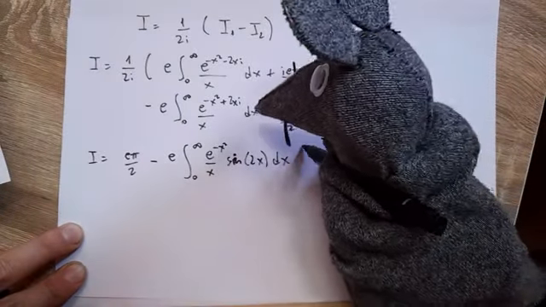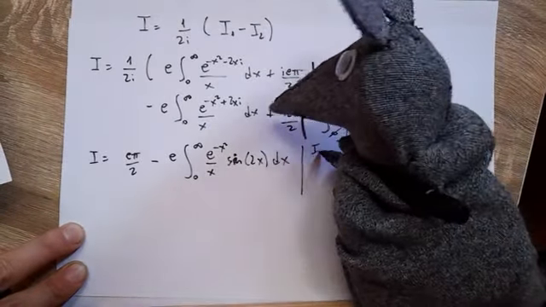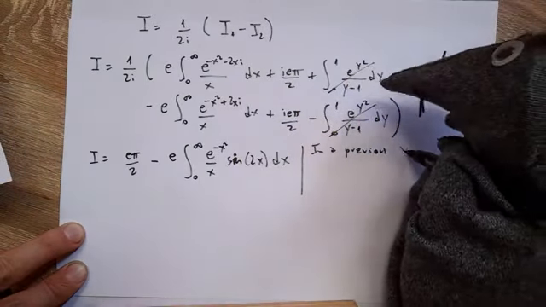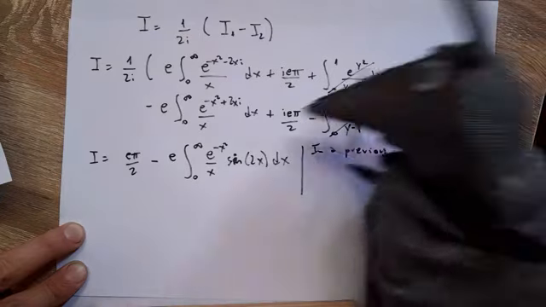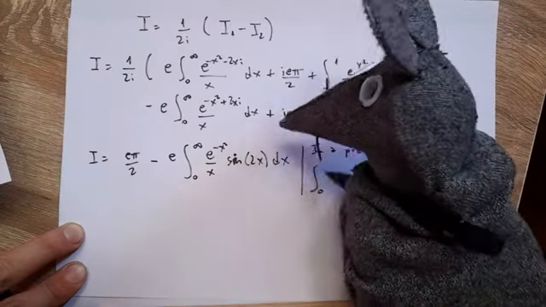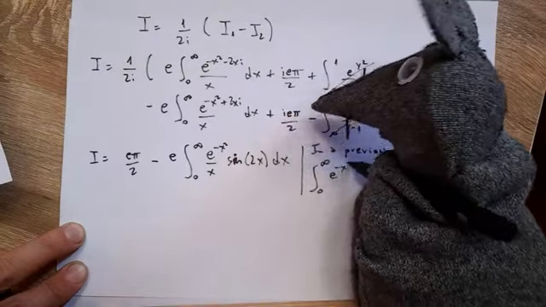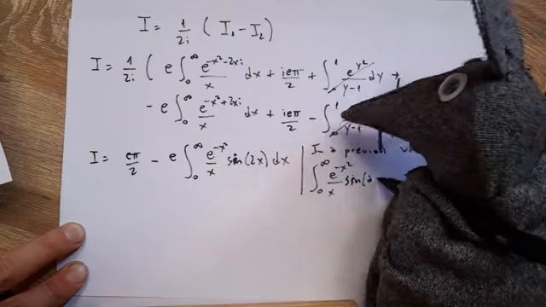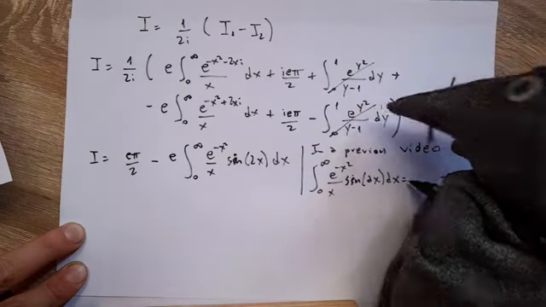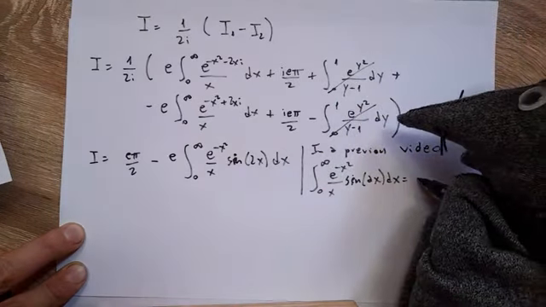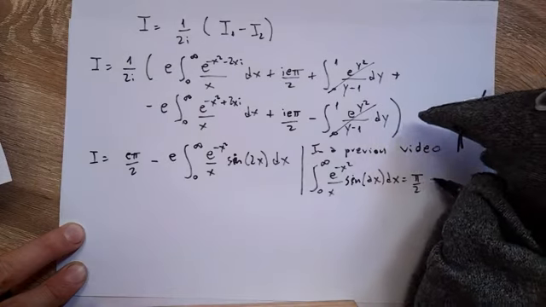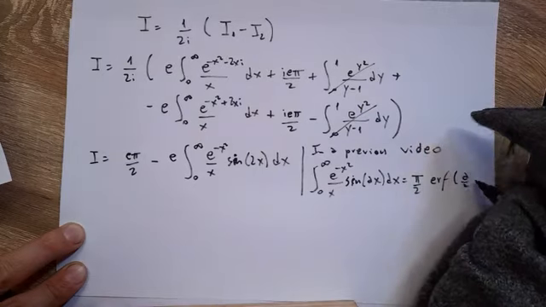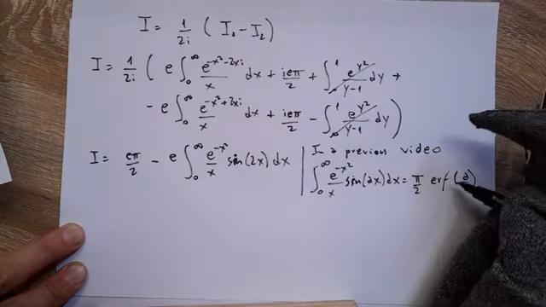In a previous video we calculated that the integral from 0 to infinity of e to the minus x squared over x sine of ax dx equals pi over 2 times ERF of a over 2, the error function.